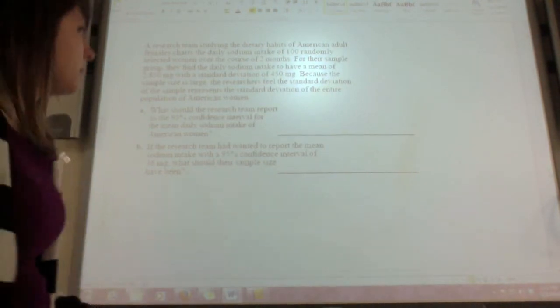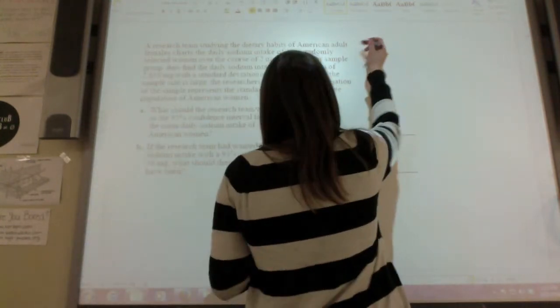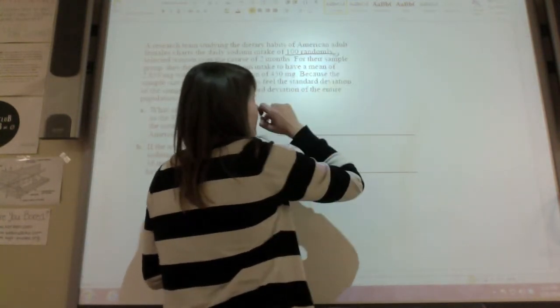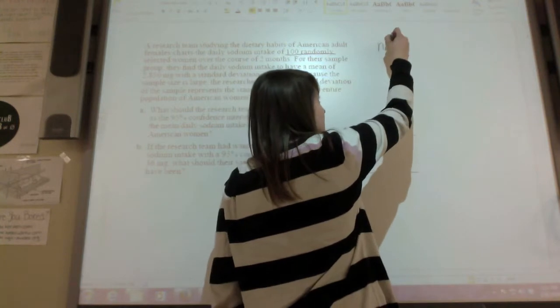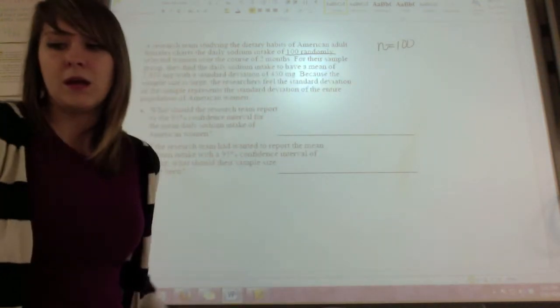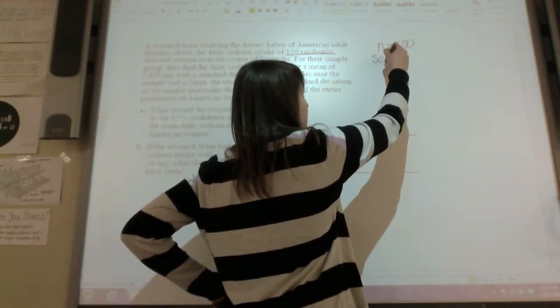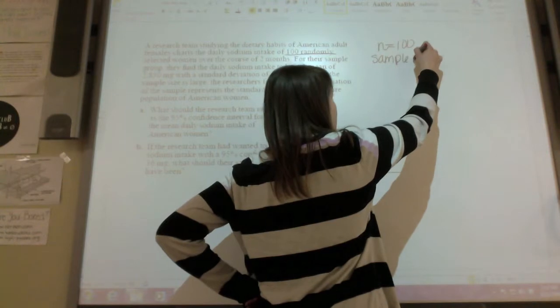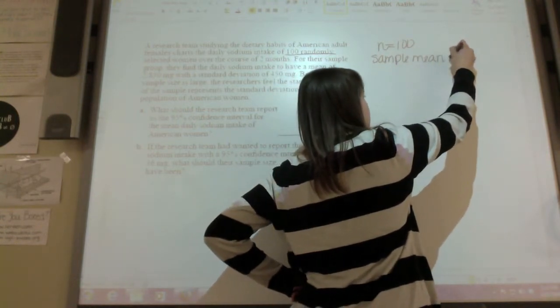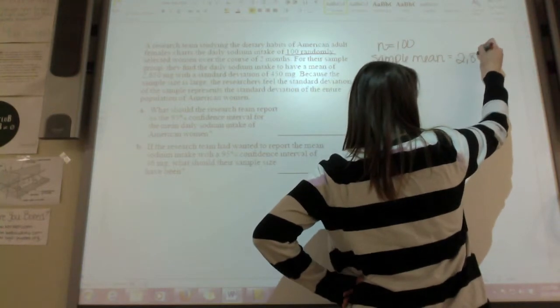Well, let's start by just thinking about some of these numbers here. First of all, they tell me that I have 100 randomly selected women. So that means that my N equals 100. Okay? My sample mean was given to me as 2,850 milligrams.